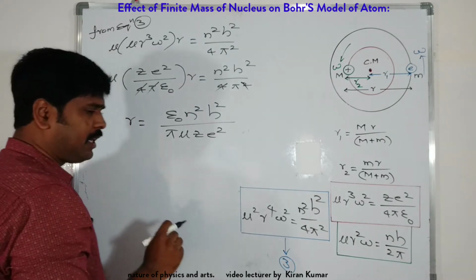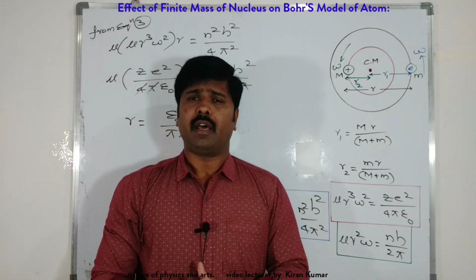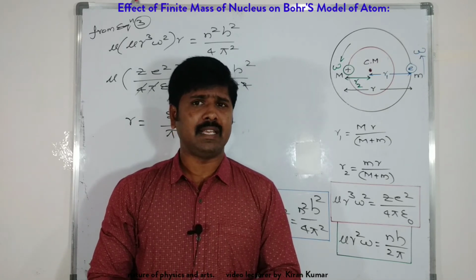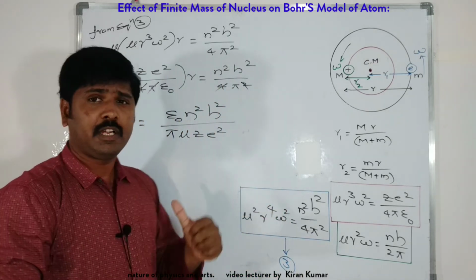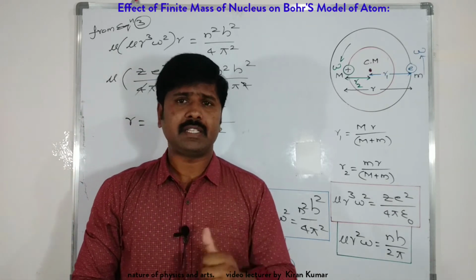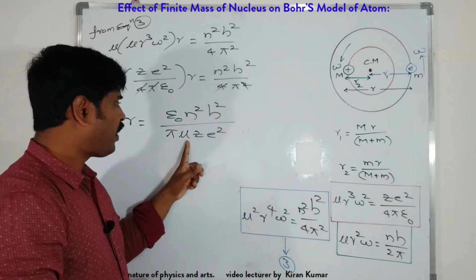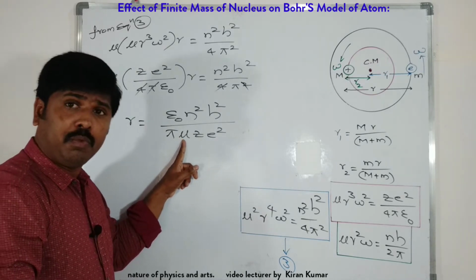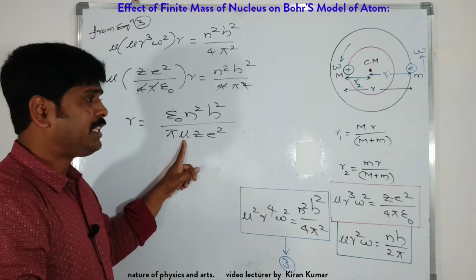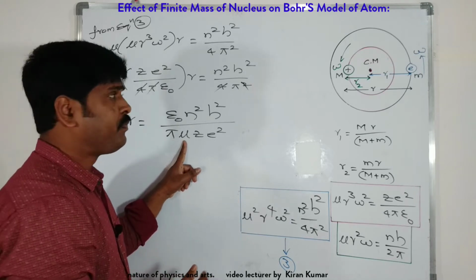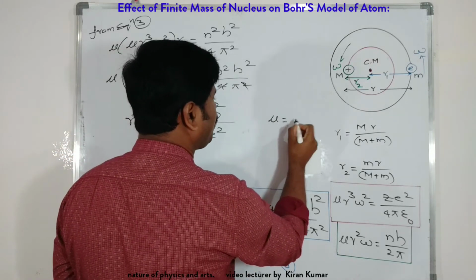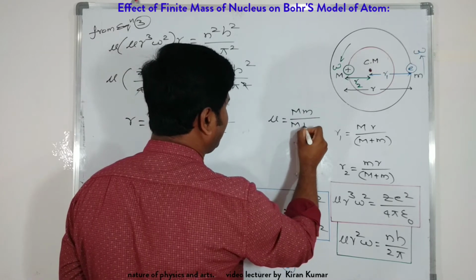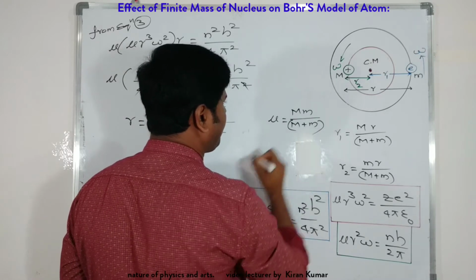What is the difference between the radius of the Bohr model for infinite mass and finite mass? Only one difference: for finite mass of the nucleus we get mu, the reduced mass, which is equal to capital M small m divided by capital M plus small m.